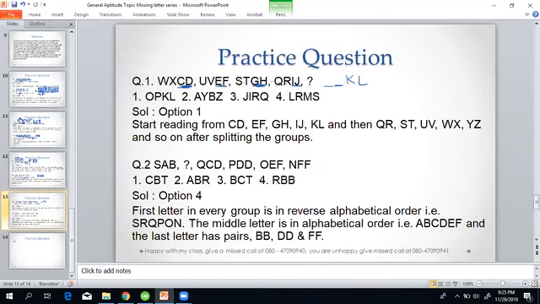So it should be Y Z. Sorry, because it is forming the pattern from here, it should be O P. So O P, Q R, S T, U V, W X, because for the first 2 letters they are forming the pattern from the right hand side. So option 1 is the correct answer.